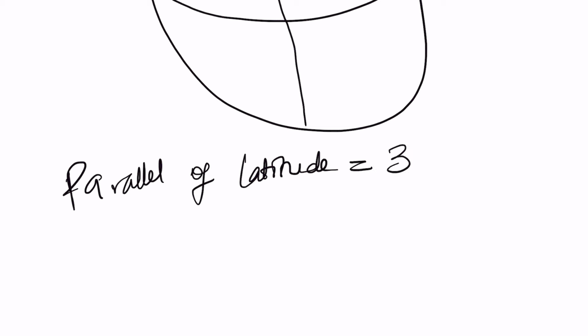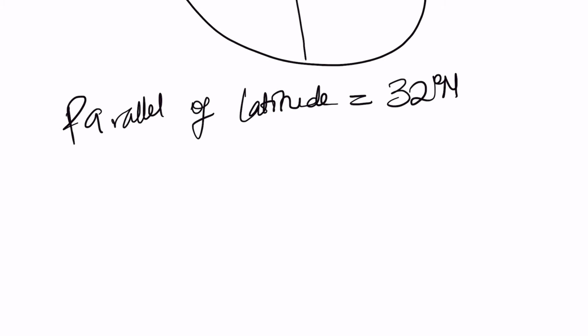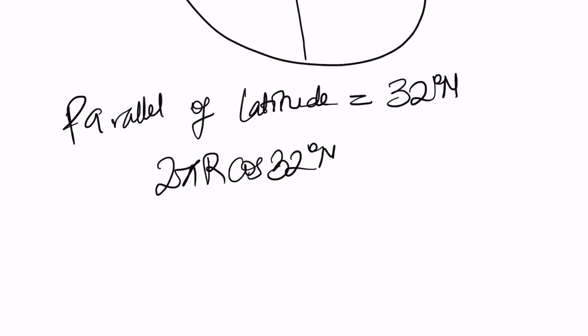So we have the radius of the parallel to be r cos 32, and the circumference is 2 pi r cos 32 degrees. We know that our 2 pi r is 40,000.